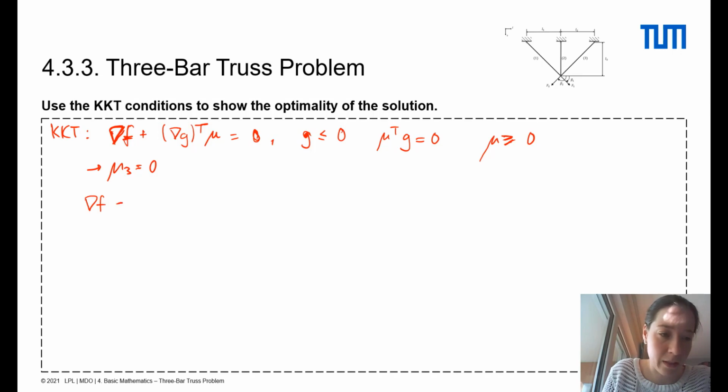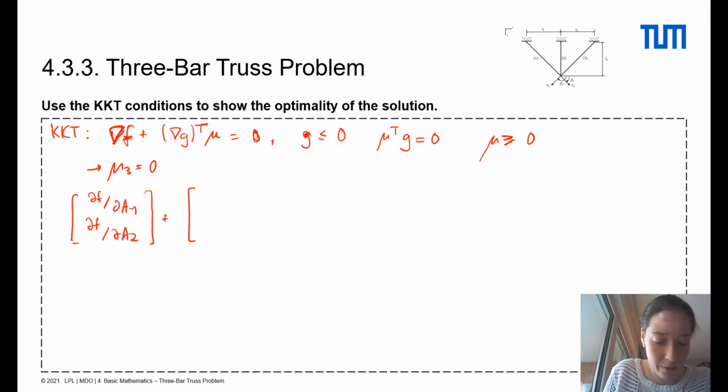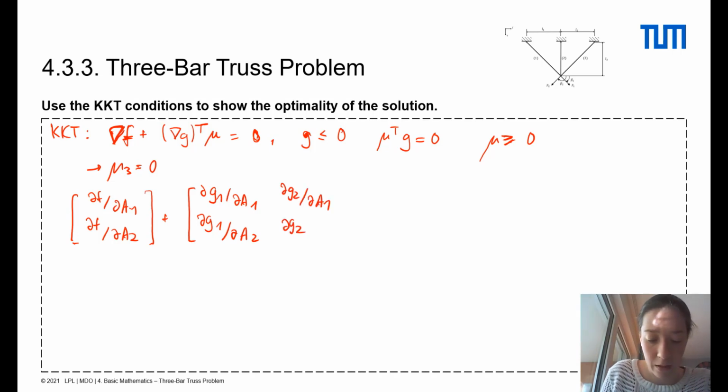So we have df over dA1, and we have df over dA2. And here we have dg1 over dA1 and dg1 over dA2. And then we have dg2 over dA1 and dg2 over dA2.